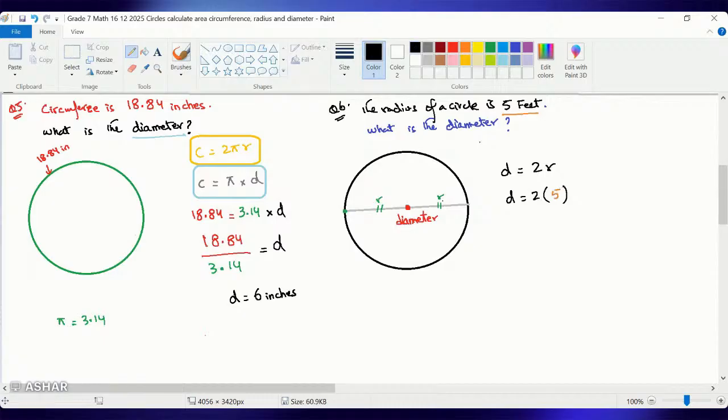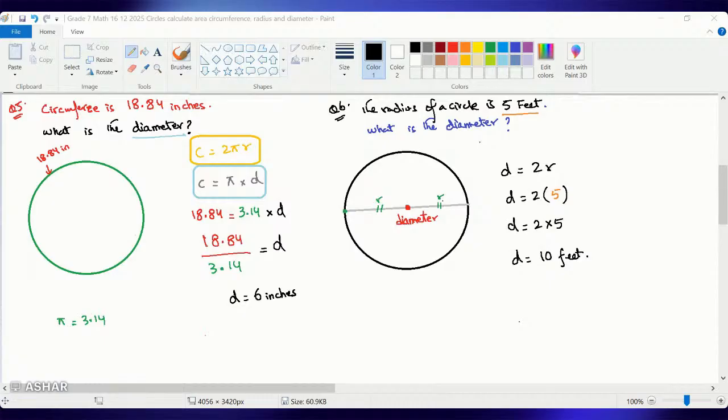So 2 multiplied by 5 is equal to 10, the diameter comes out to be 10 feet. Do we agree on this? Okay. 10 feet is the diameter in this case. Let's look at another example.